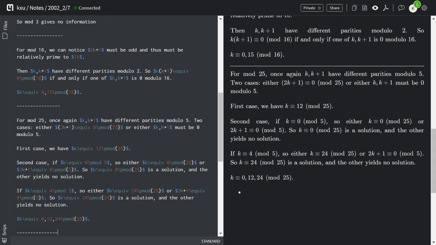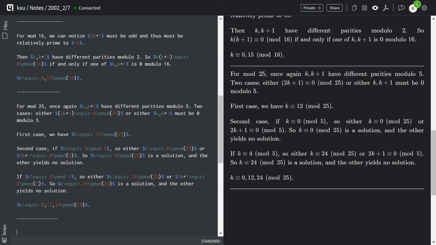So k must be 0, 15 modulo 16, and 0, 12, 24 modulo 25. And basically we want to find the minimum positive integer k such that these conditions are satisfied. Of course, now this is just a little casework. We know that both sides cannot be 0.